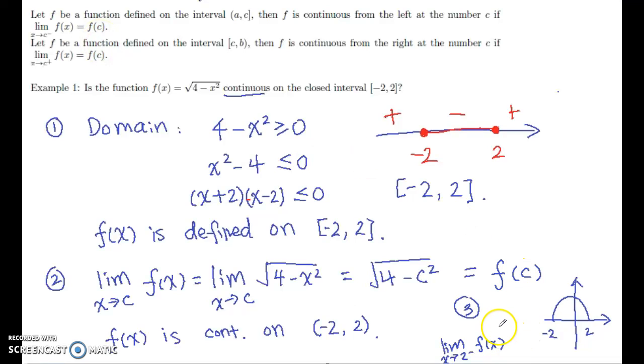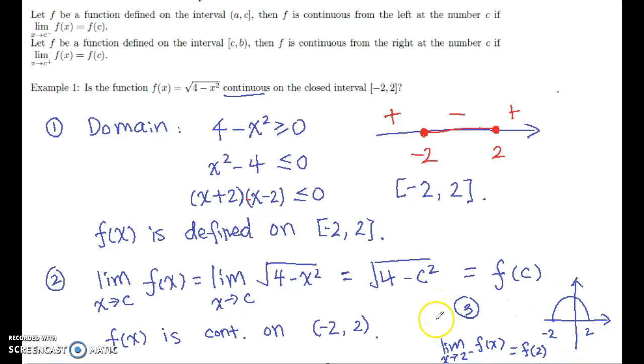Well, what is the left limit? f of x from the left of 2. Well, look at the graph, it is 0, which is the same as f of 2, because f of 2 is also 0.